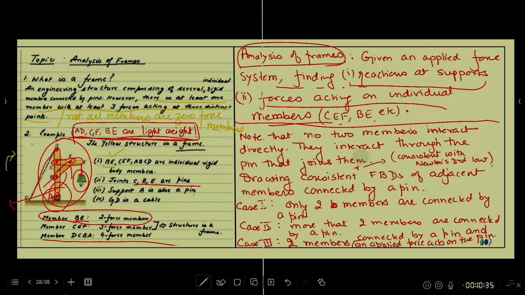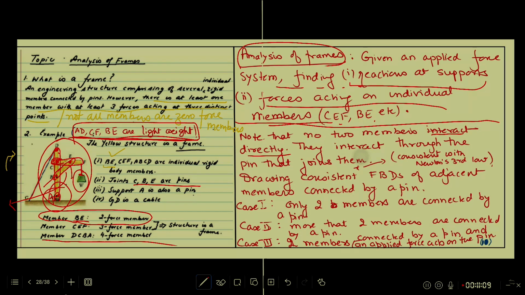Note that no 2 members in a frame interact directly. You can think of this as an approximation. In reality, if you put one member like this on top of the other one and you put a pin joint, you can argue that there will be maybe some friction force acting between the 2 members directly without the pin.